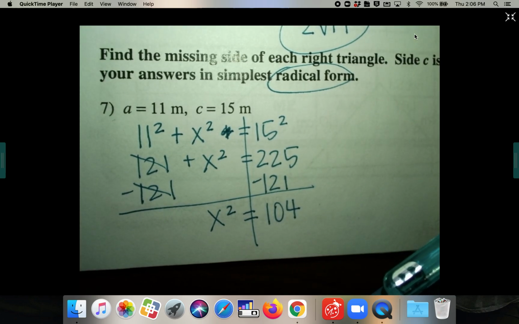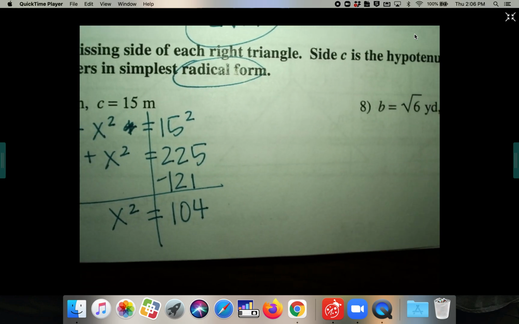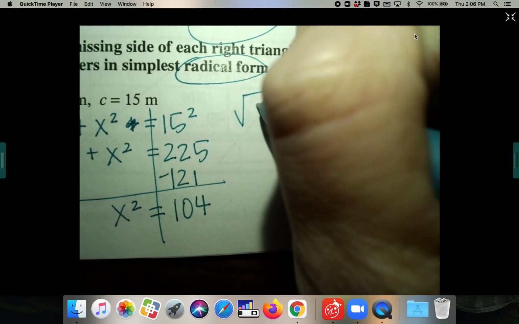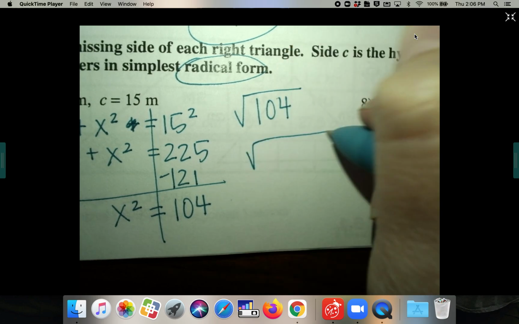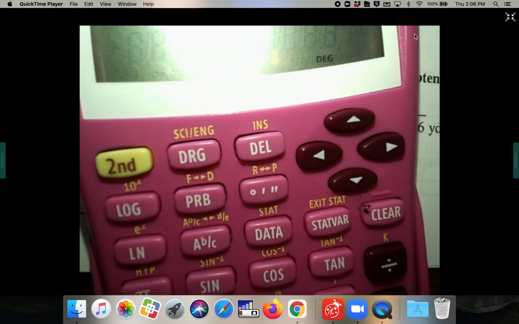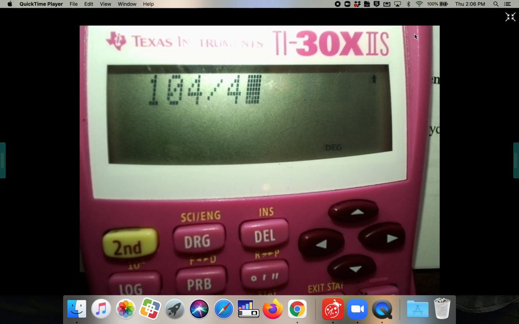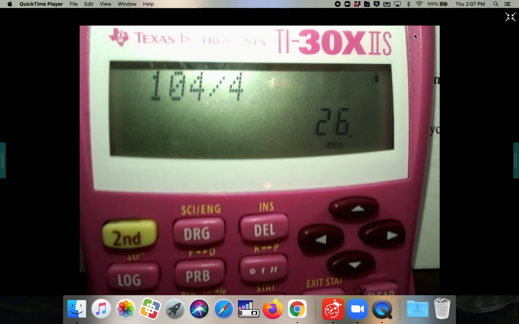So 104's simplest radical form. 104 equals what times what? I probably will not get as lucky this time because I cannot think of anything, so I'm going to start small. I'm going to start with just 4.